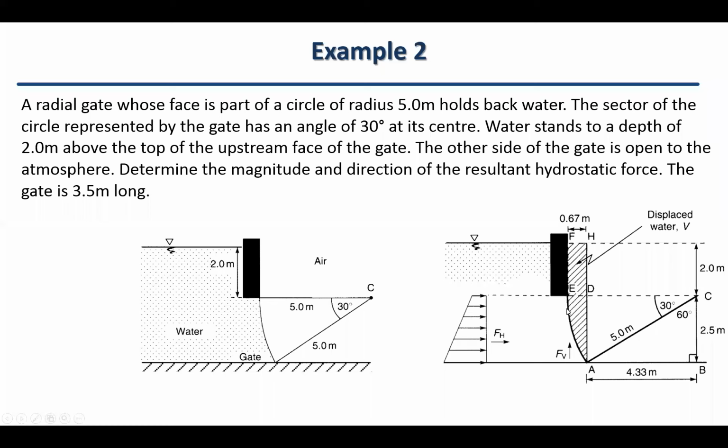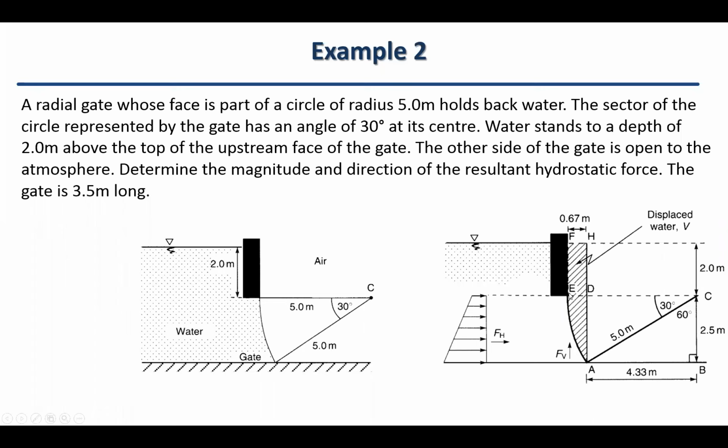If we look at the weight above that, you can see there's no water in this area, but we can call it displaced water. This displaced water is something that we can consider as the vertical weight.